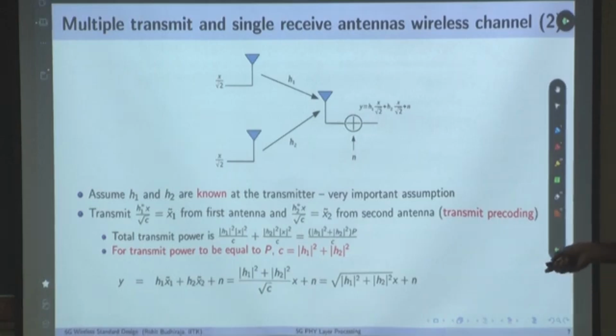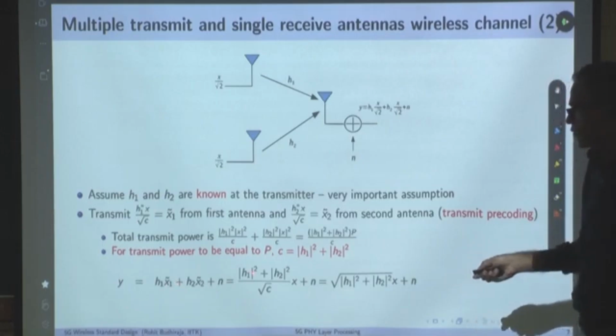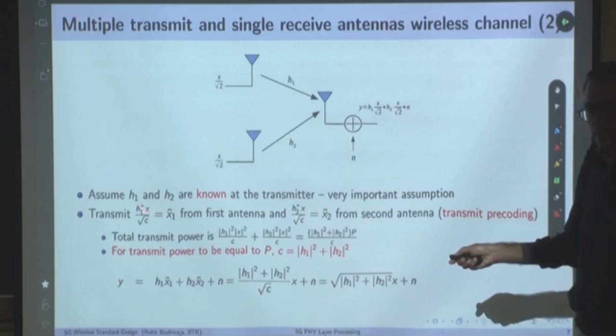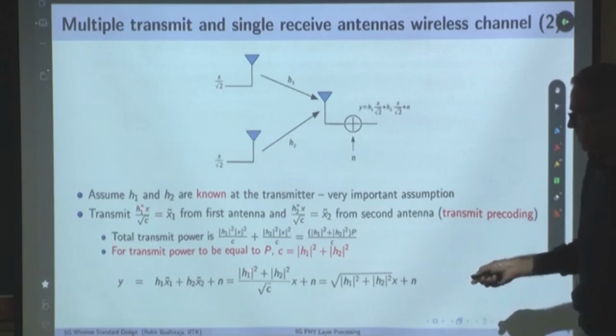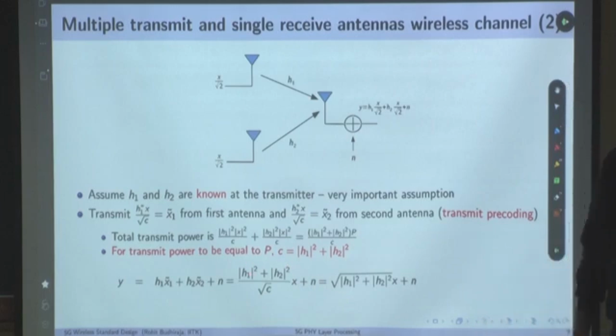So, what is happening over here? You substitute x1 tilde, what are you going to get? What is x1 tilde? h1 star x by root c. So, h1 square by root c plus h2 square by root c into x, plus noise. What is c?